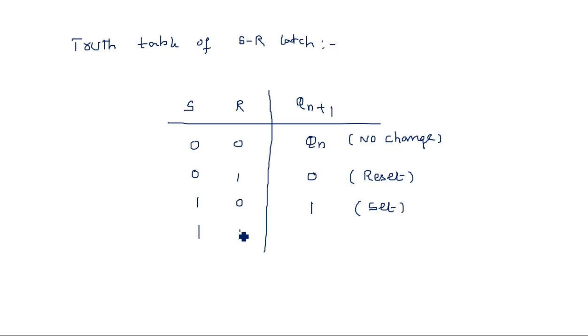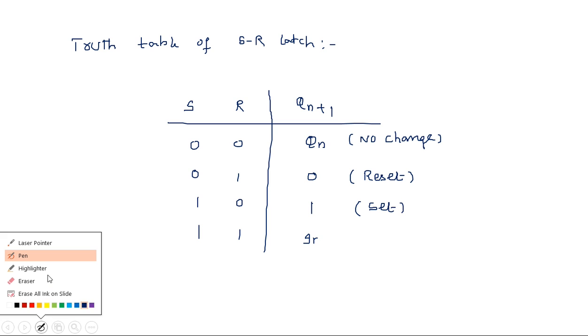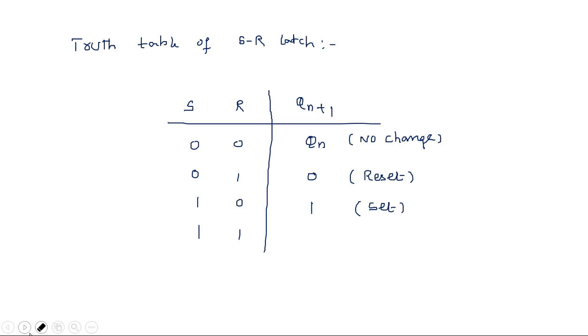And S is equal to 1, R is equal to 1. As both are ones, it is an indeterminate state. In that case, the output is simply represented as a cross mark, which is indeterminate state. Okay, this is the truth table of SR latch.